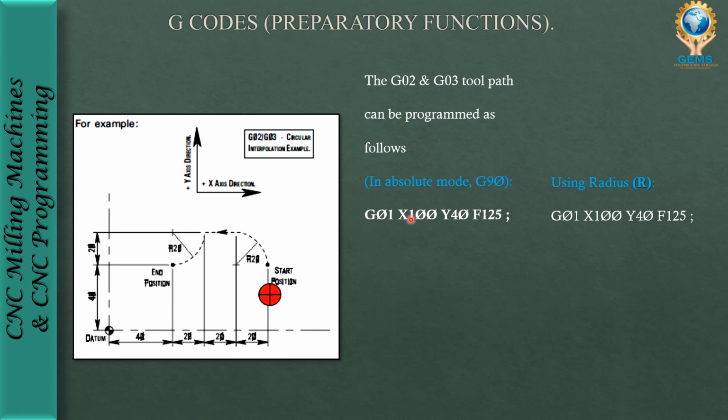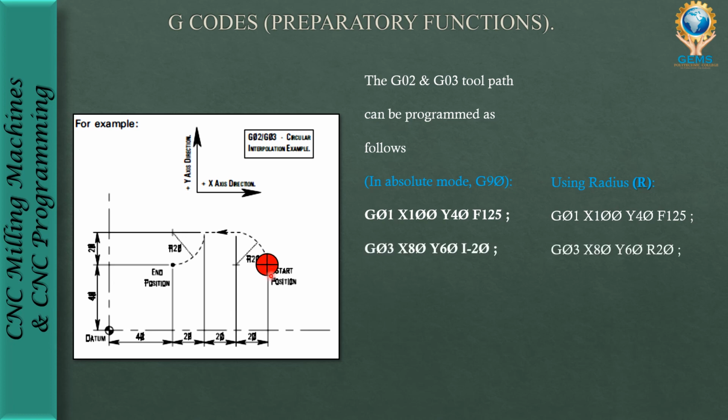The X value is 100 and the Y value is 40. If you mention this, the tool will directly come here, machining from the starting point till here at the same time.